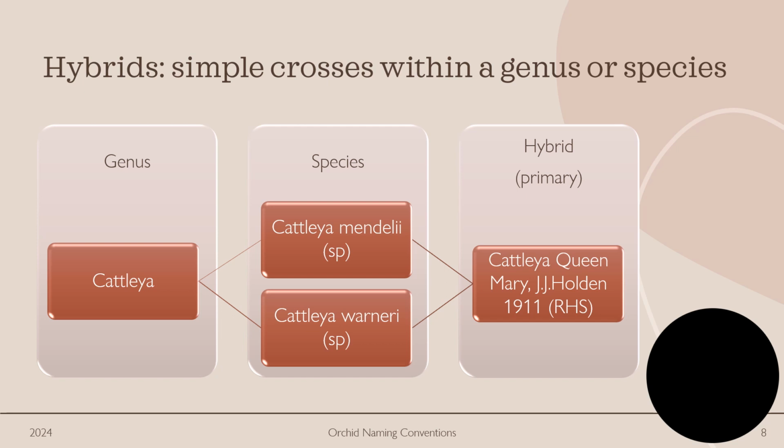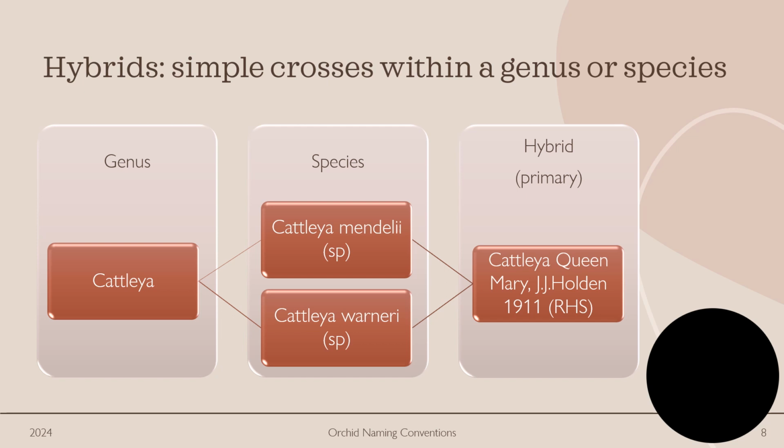And that's something important. Every orchid cross, every orchid hybrid, for it to be officially recognised, has to be registered with the Royal Horticultural Society in the UK. And it doesn't matter whether you are in Japan, America, Australia, New Zealand, South Africa.